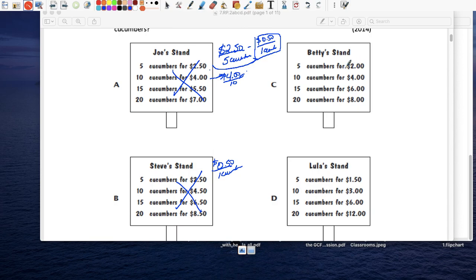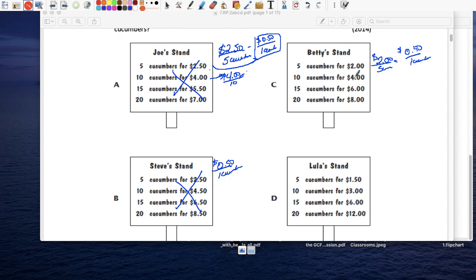So here we have $2 for 5 cucumbers, which means one cucumber. If you find the unit rate by dividing 2 by 5, you should get 40 cents. And the second one, $4 for 10 cucumbers, is also 40 cents.